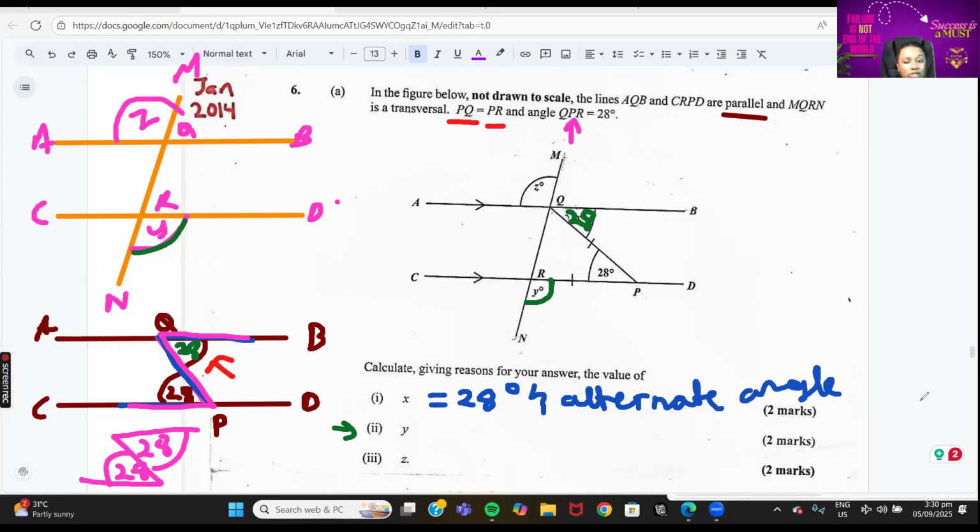So y is a little trickier. It is not straightforward. So you have to be looking at the original diagram while also looking at the separate sketch to help with y. You're still doing it, okay. So some of you might be wondering what is going on with this question.